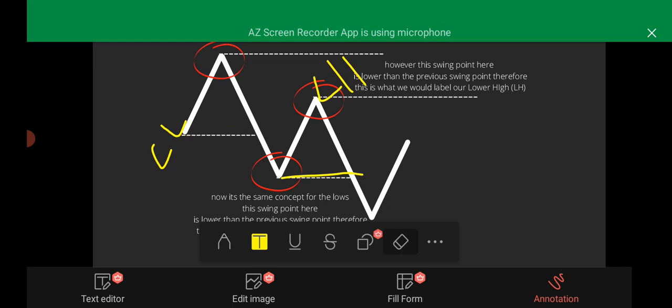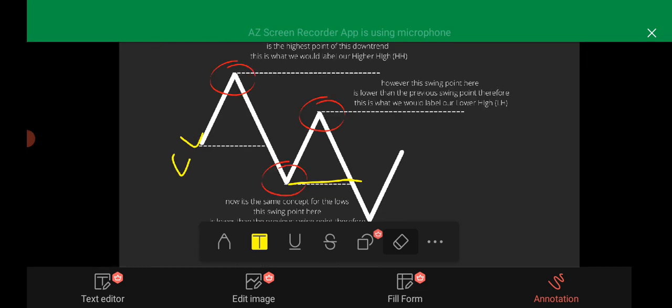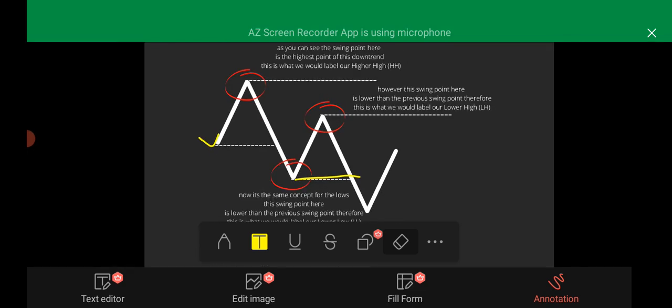What we are trying to explain here is how we identify a movement. We see these movements here, and this is where we try to understand the swing points. Swing points are those points where we actually see the market turning.